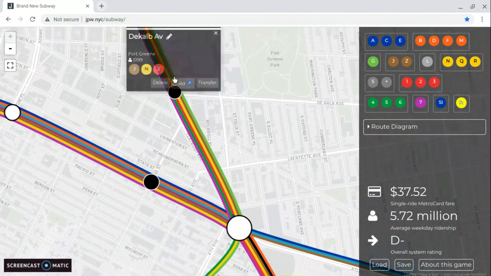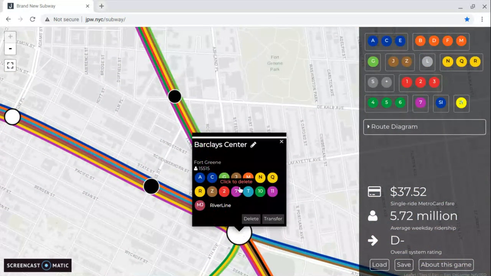And so in real life, it is the 2, 3, 4, 5, B, D, N, Q, R, and Long Island Railroad. Now, in the outside world, the 2, N, Q, and R trains stop here in real life and in the outside world.